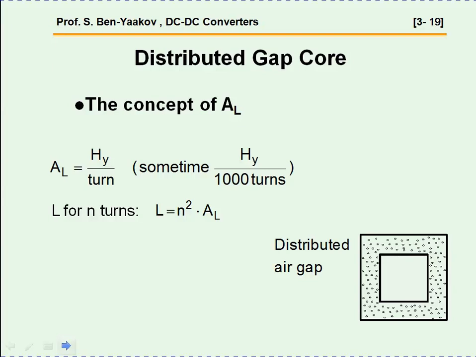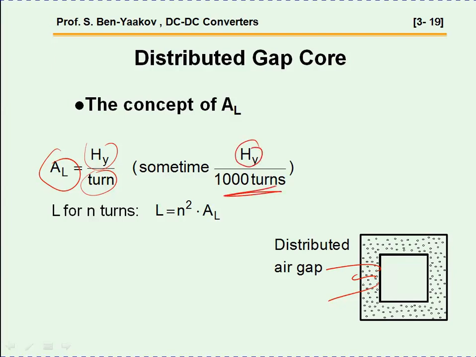Now, an important parameter of distributed gapped core is A sub L, and it is Henry per turn. That is the inductance you get per turn, and many times it is quoted as inductance over 1,000 turns.